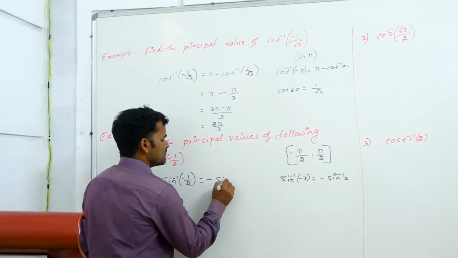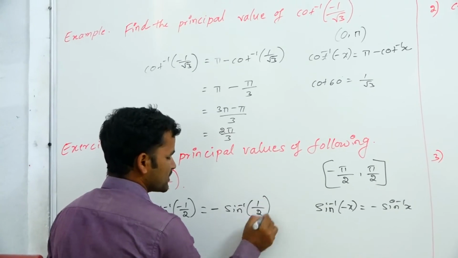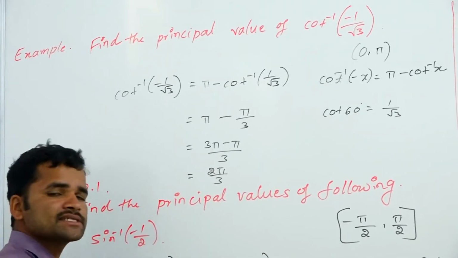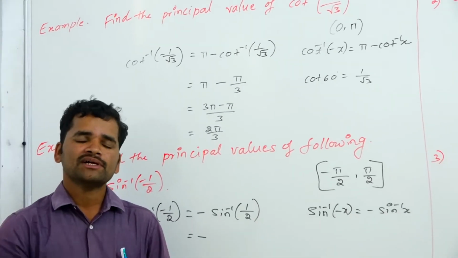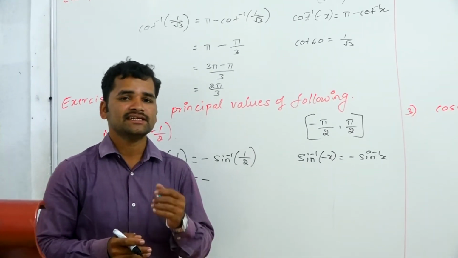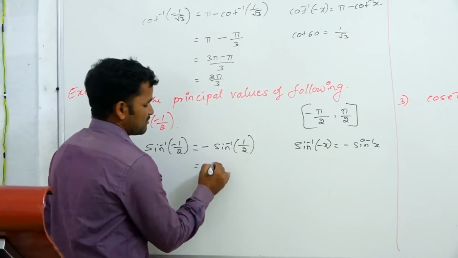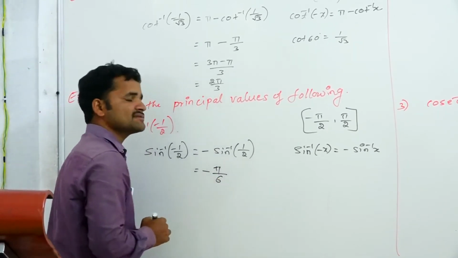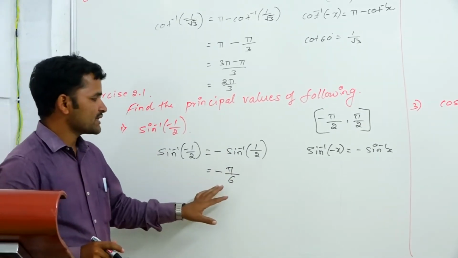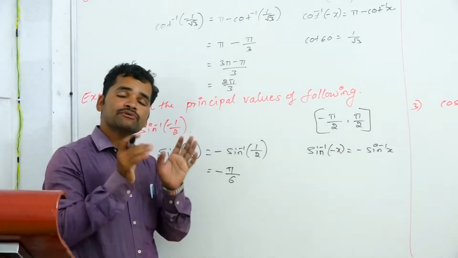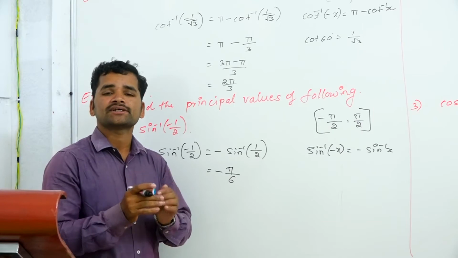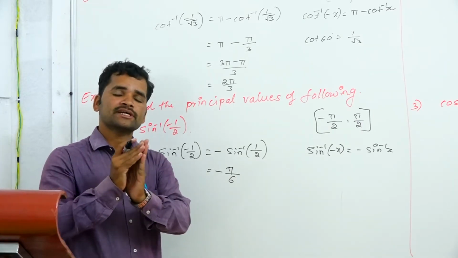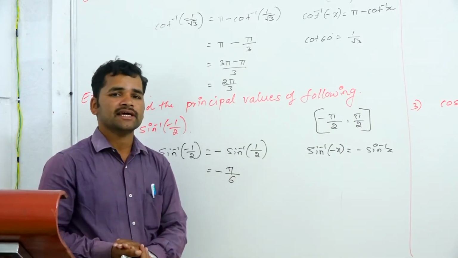This is minus sine inverse of 1 by 2. Sine of which angle gives us 1 by 2? That is 30 degrees, in radians pi by 6. Very simple. Still, if you are not getting how to write this, revise the table you studied in SSLC, sine, cos, tan for 0 degrees, 30 degrees, 45 degrees and so on.